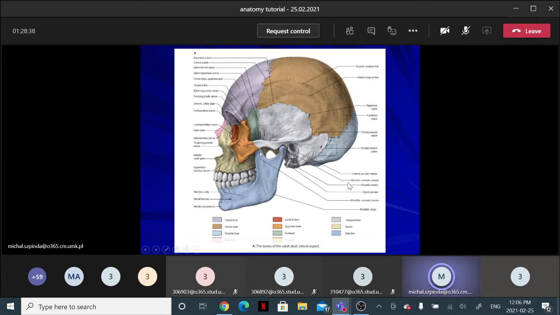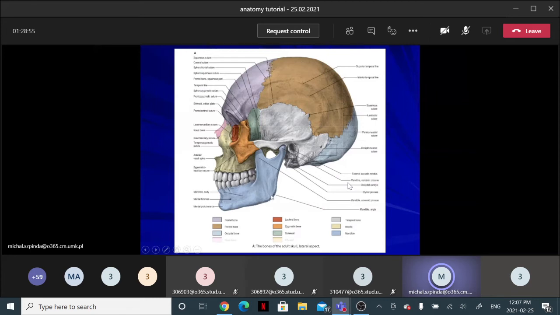Between the two processes, we can see the mandibular notch. This is just a gateway for neurovascular structures.